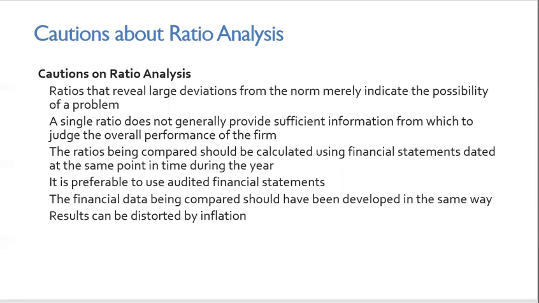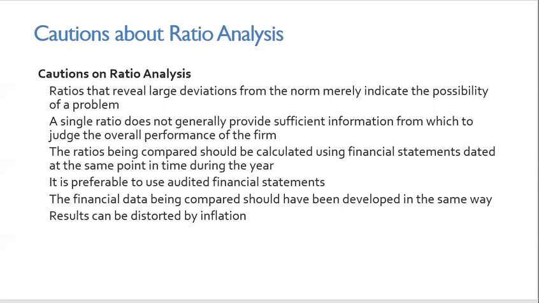Okay. Another caution is a single ratio does not generally provide sufficient information for which to judge the overall performance of the firm. You have to have a full analysis of the ratios. Ratios being compared should be calculated using financial statements dated at the same point in time during the year for comparability.